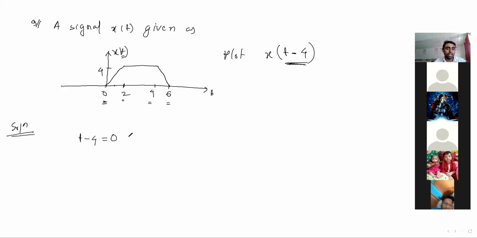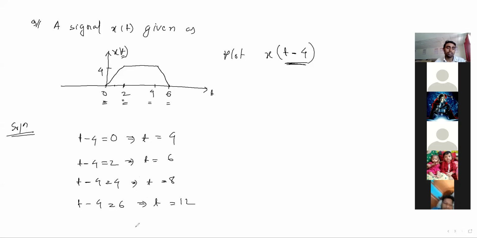When we equate to 0, the new time will be, bringing minus 4 to the right side, 4. Like that we equate the rest of the time instances, like 2. Then our new time will be 6. t minus 4 equal to 4, then our new time will be 8. t minus 4 equal to 6, then the new time will be 10.